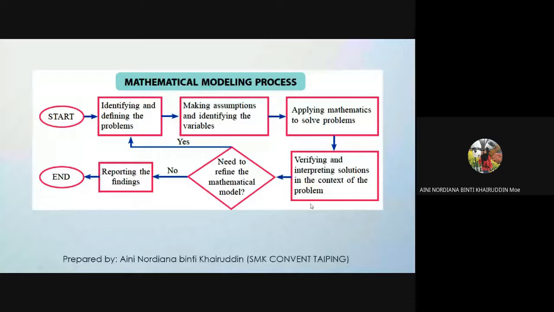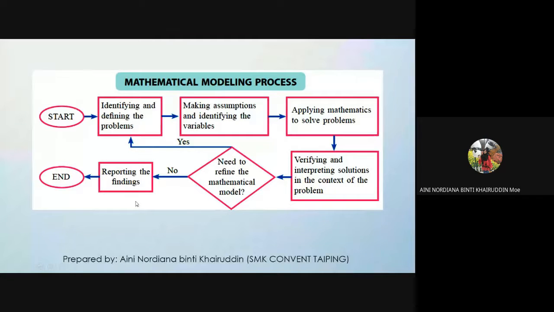Ini soalan mungkin dia tanya apakah itu 6 step? Mungkin. Kan, apakah step pertama? Apakah step ketiga? Itu mungkin untuk soalan objektif paper 1. Mungkin dia tanya macam tu. So maksudnya kena tahu ke 6 step ni. So that's all.